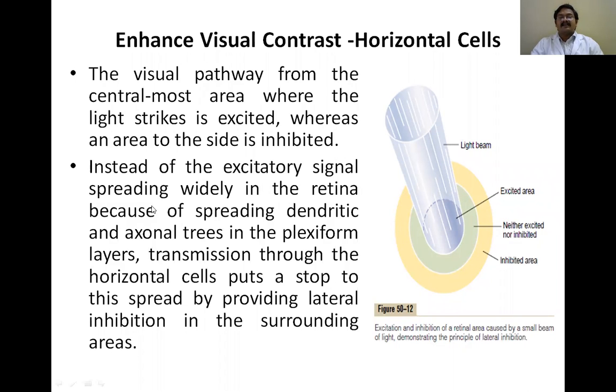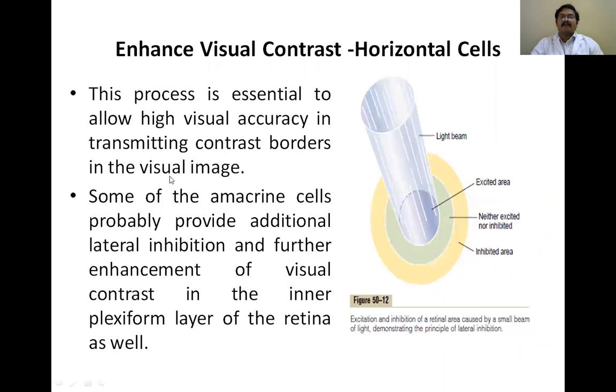Instead of the excitatory signal spreading widely in the retina because of the spreading of the dendritic and axonal plexiform layers, transmission through the horizontal cells stops the spread and provides lateral inhibition in the surrounding area. Because of the inhibitory nature of these horizontal cells, the spread of the excited impulses is inhibited laterally by the horizontal cells present in the outer plexiform layer.